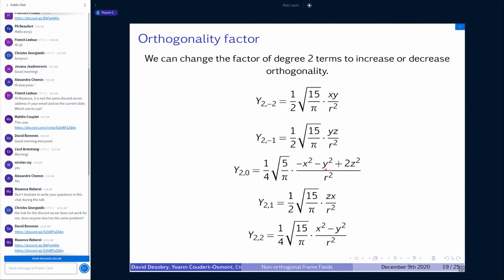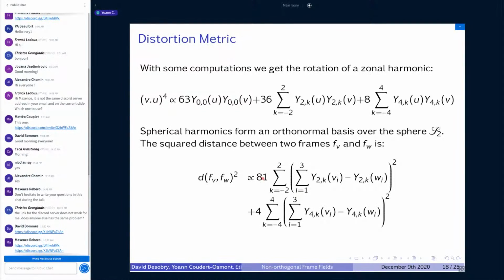It's the same for y and z. So we will have -1, -1 plus 2, that is to say 0. So we can play with the factor here, 81, in front of degree 2 terms to control the importance of orthogonality in the results.